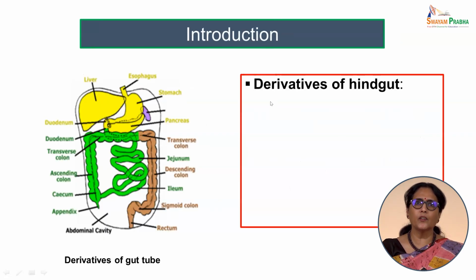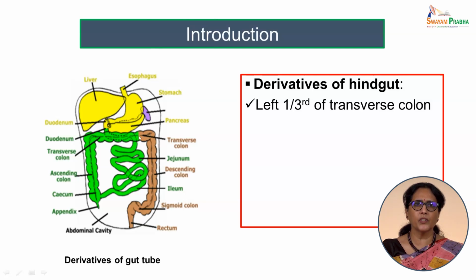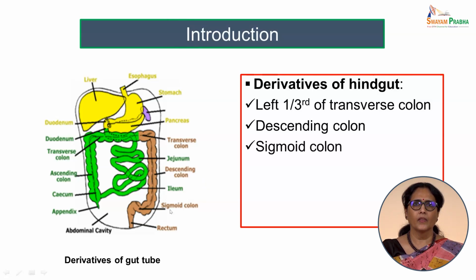Now let us look at what these derivatives of hindgut are. The derivatives are the left 1/3 of transverse colon, descending colon, sigmoid colon, rectum.